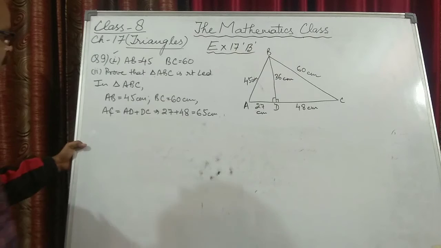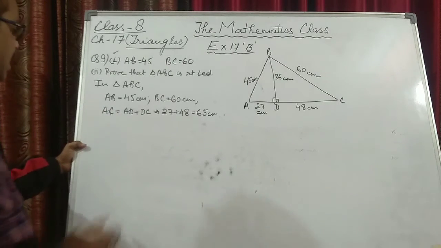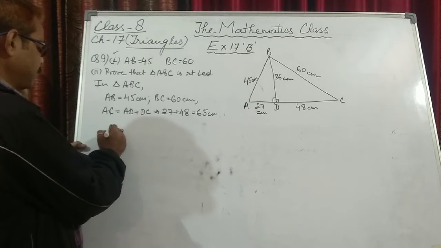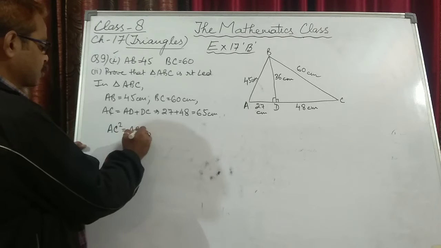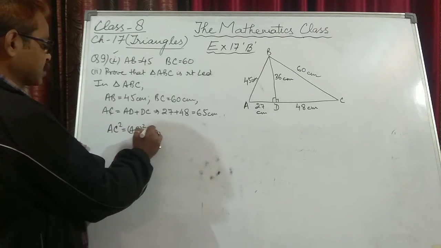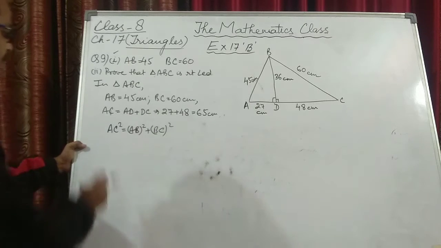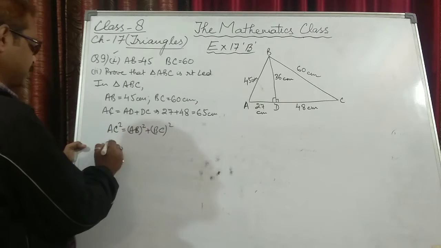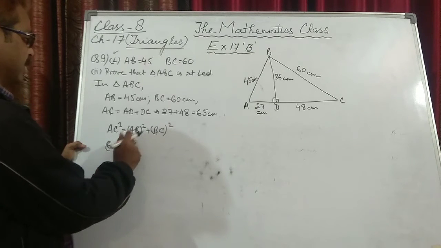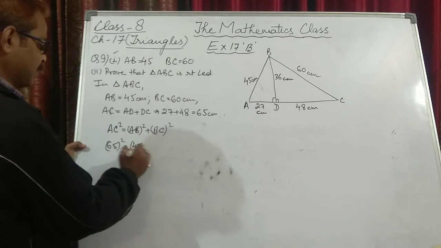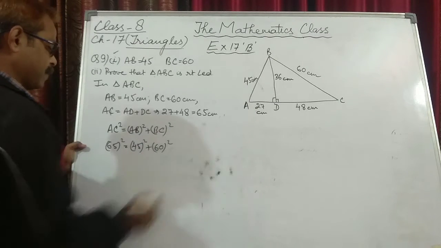Now, which is the longest side? AC. It means AC will be considered as the hypotenuse. If hypotenuse square is equal to the sum of squares of the other two sides, then it is a right angle triangle. AC is 65. We will check whether 65 square is equal to 45 square plus 60 square or not.